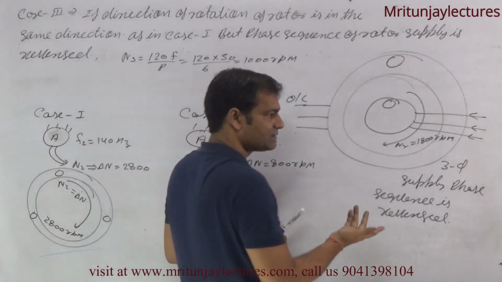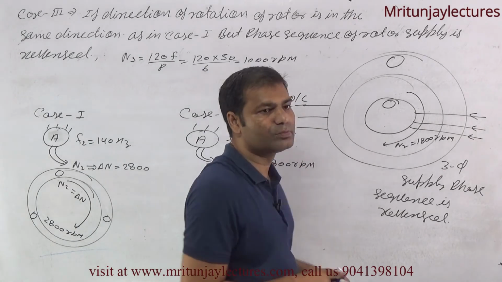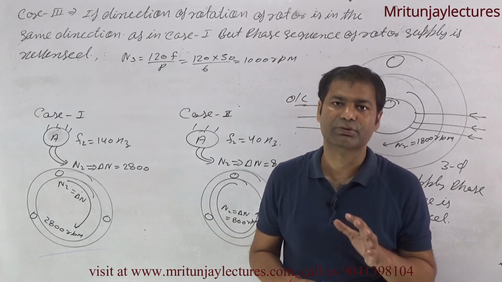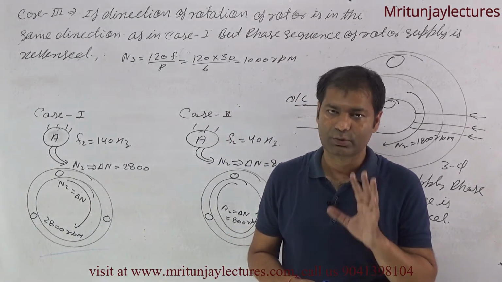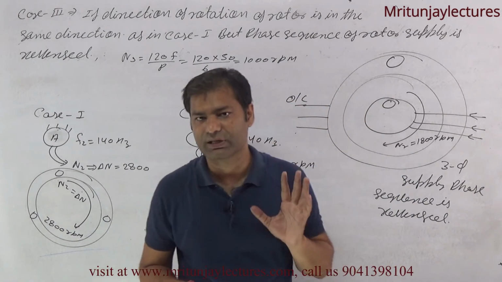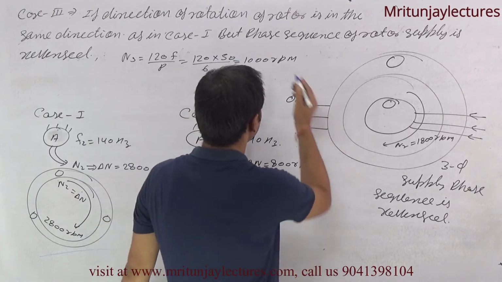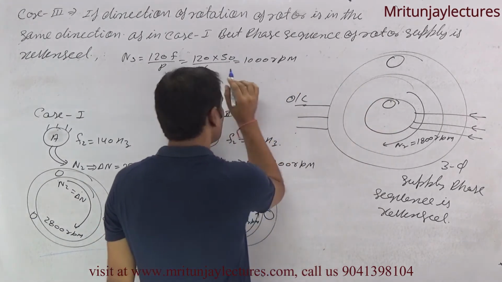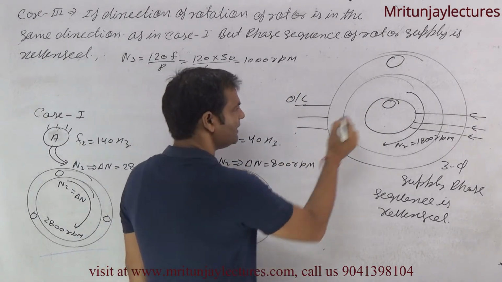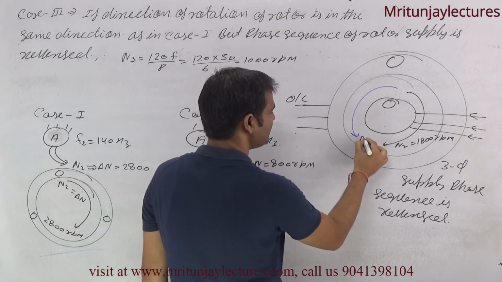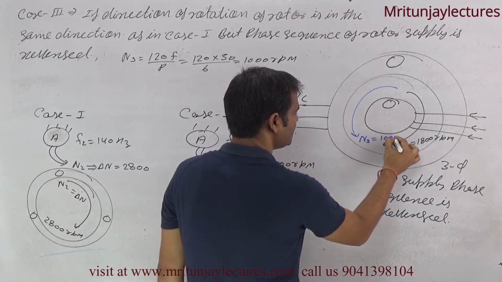If the supply is reversed, then the rotor magnetic field is also reversed. Clear? Why reversed? You have already discussed it in the 4.01 lecture. If you have any doubt, then watch it. So the direction of rotation of the rotor magnetic field with respect to the rotor winding, like this one, is NS 1000 rpm.